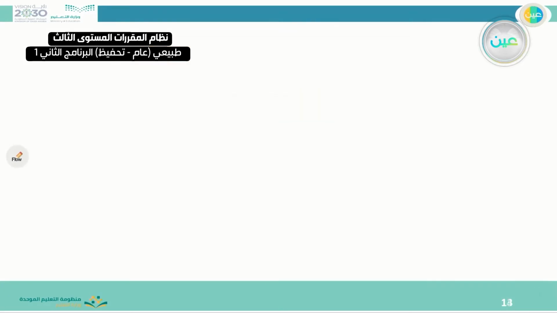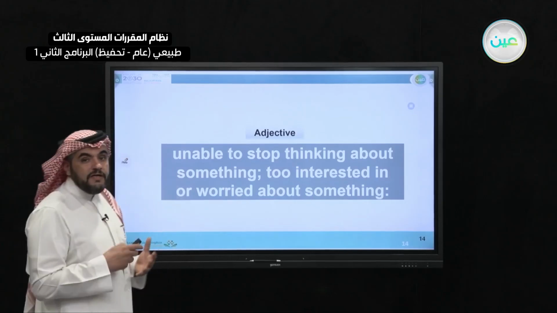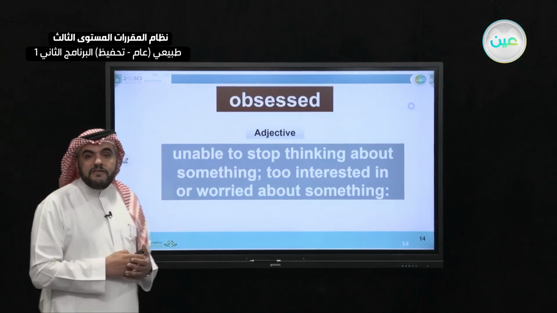Okay. And number 3 is also an adjective, when you describe somebody as unable to stop thinking about something, or too interested in or worried about something. مهووس بشيء, that means he is obsessed.